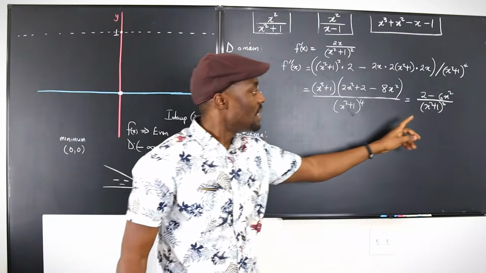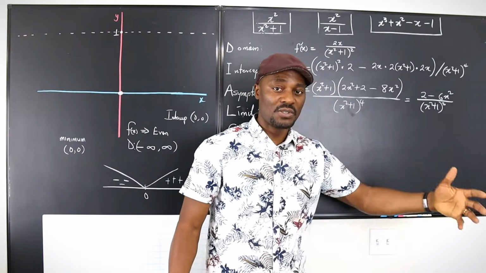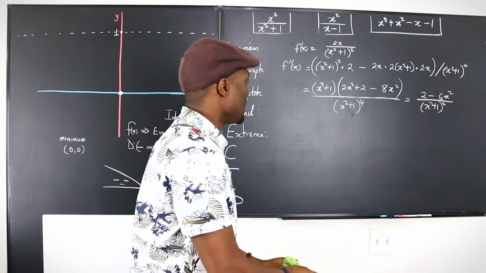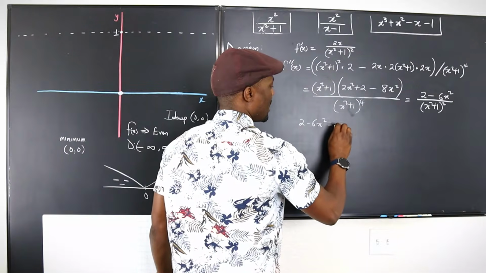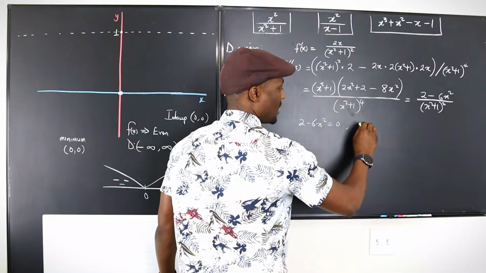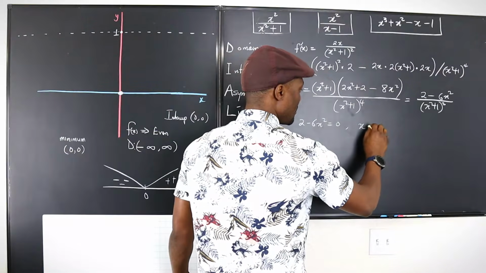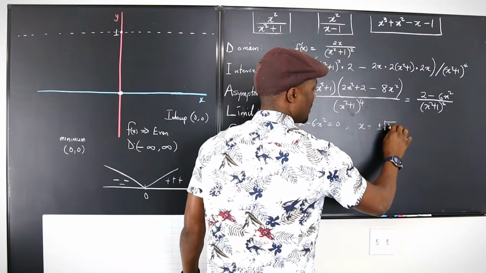And with that, you need to equate this to 0. And remember, when you equate a rational function to 0, the numerator is going to be equal to 0. Okay, and then so we say that 2 minus 6x squared equals 0. If you solve this, you're going to get x will be equal to plus or minus the square root of 1/3.